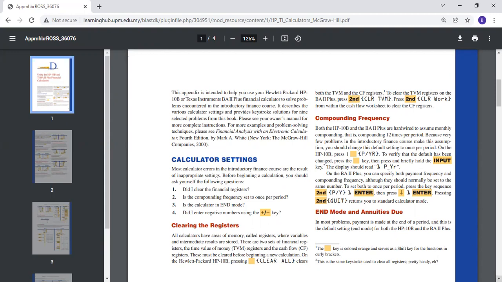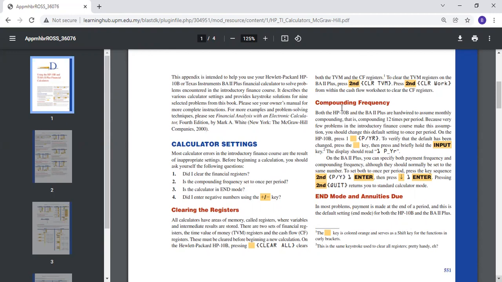Another very, very important thing is the compounding frequency. If the compounding frequency is wrong, it will give you a wrong answer. You will still get some answer, but the answer will be wrong. Both the HP 10B and the BA2 Plus are hardwired to assume monthly compounding.